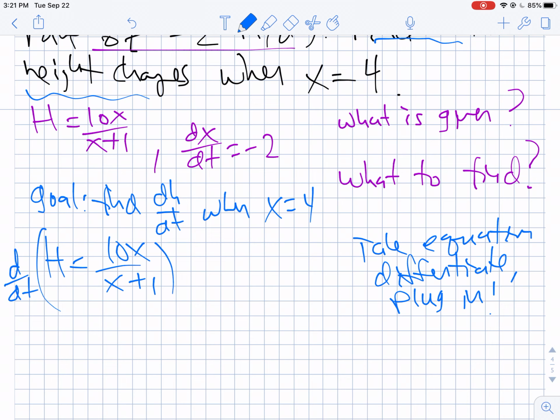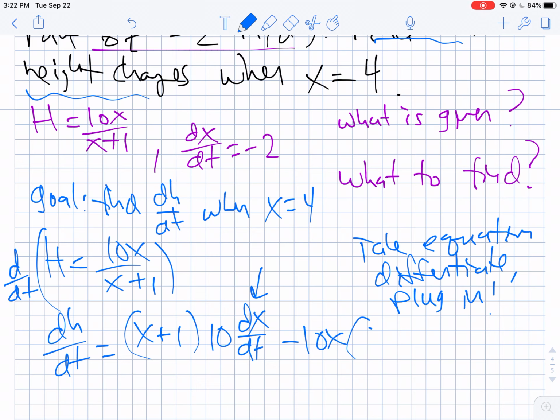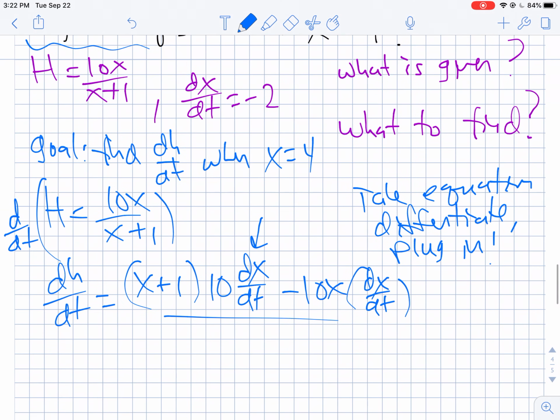All my derivatives here are dealing with time. So that's saying dh dt equals, I'm going to have to use the quotient rule here. So low d high. Derivative of 10x is 10 times the dx dt. We need that chain rule. Minus high d low, derivative of x plus 1, derivative of 1, 0. Square the bottom. Away we go.